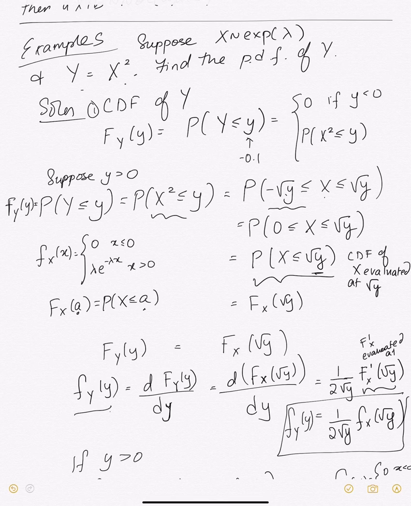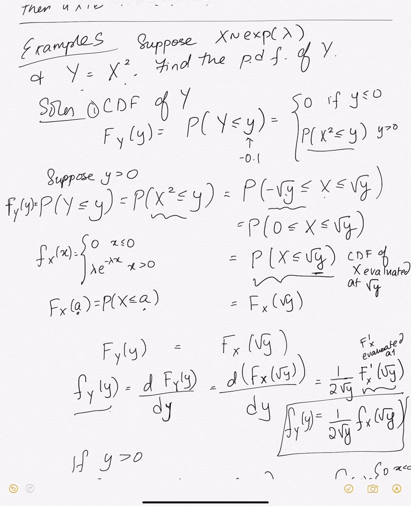That's the probability that Y is less than or equal to y. We saw that it is 0 if y is negative, or let's just include the 0 over there, and it is the probability that X squared is less than or equal to y if y is positive. Now we're going to look at that in detail. Just suppose y is bigger than 0.